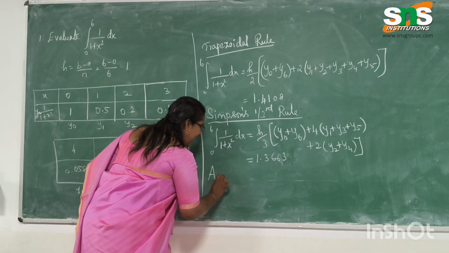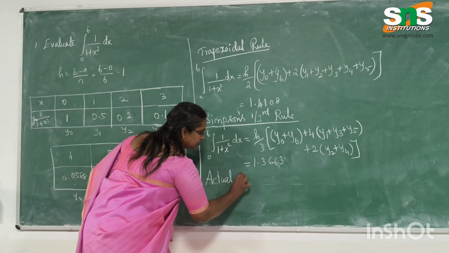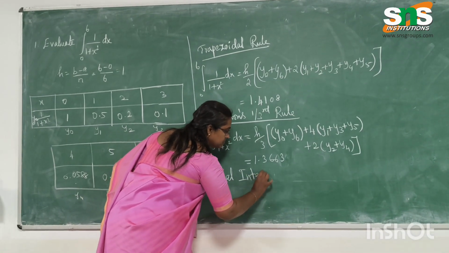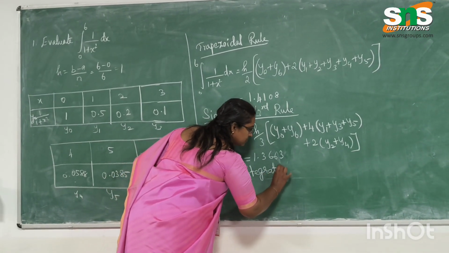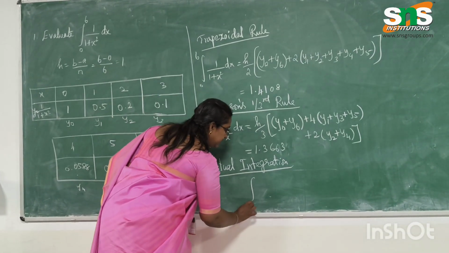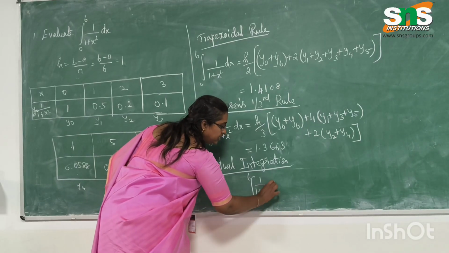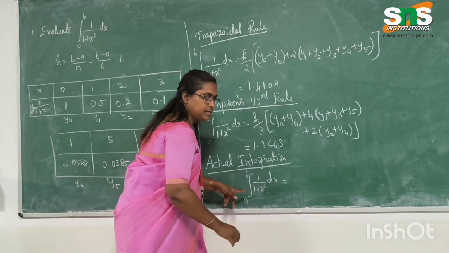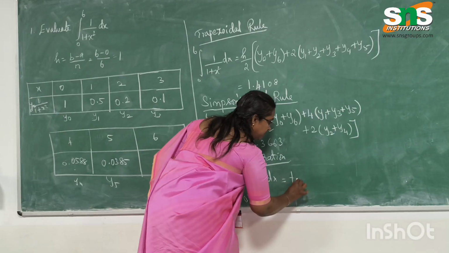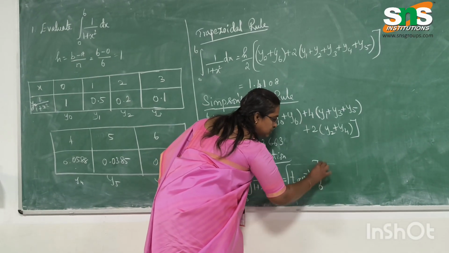And actual integration. By actual integration, the integral from 0 to 6 of 1 by 1 plus x squared dx. Integrating this term, you get tan inverse of x from 0 to 6.